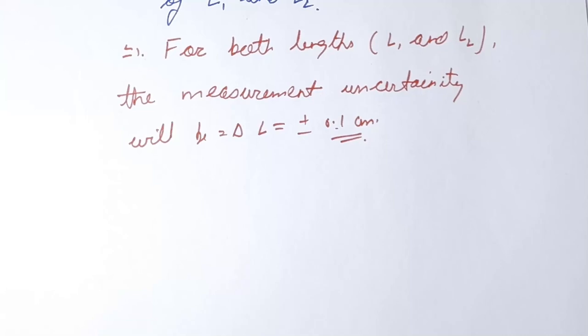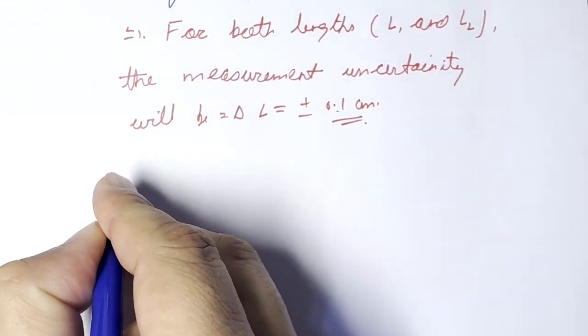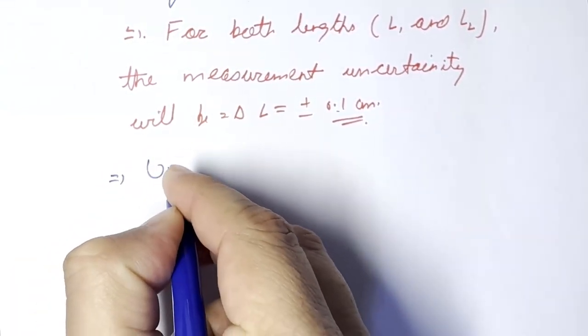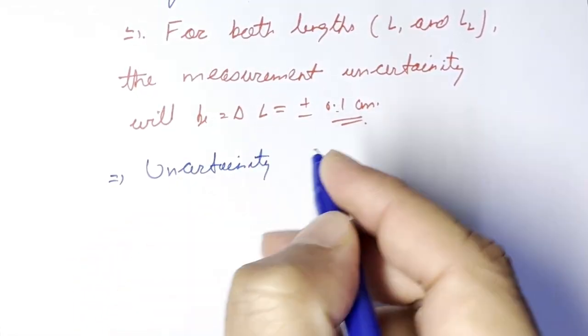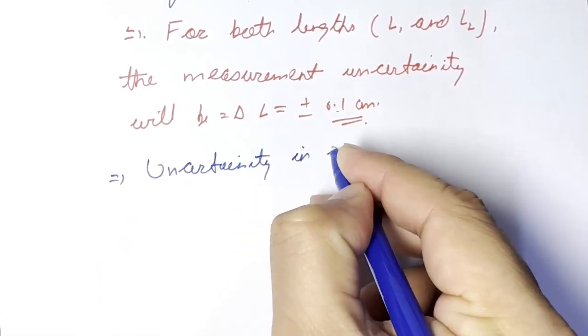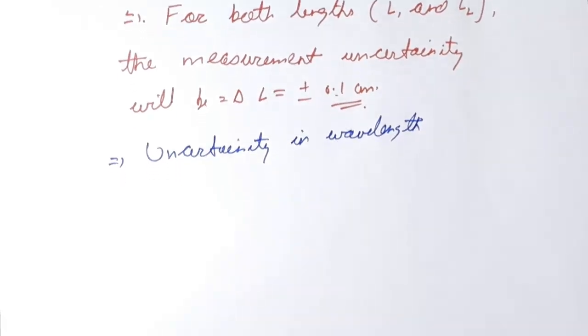From here we can find the uncertainty in the wavelength.